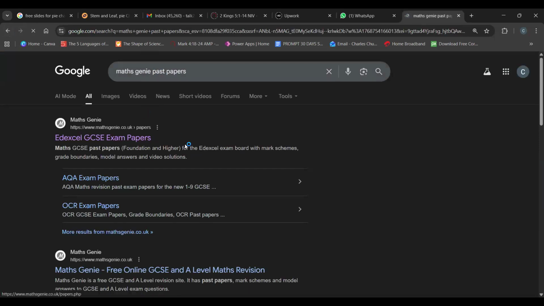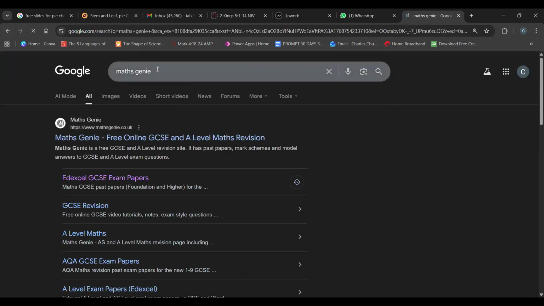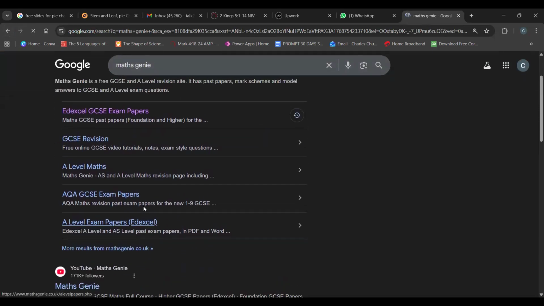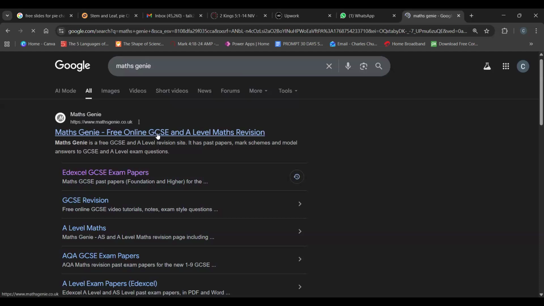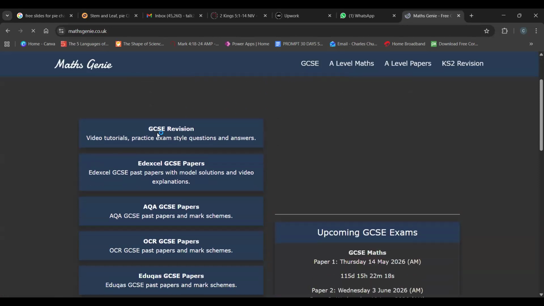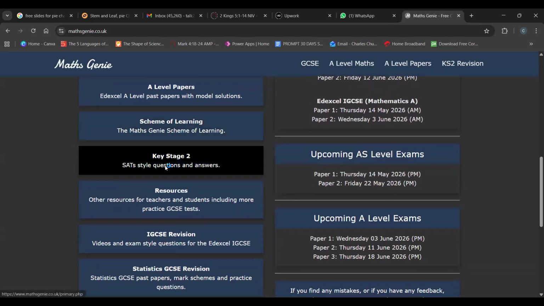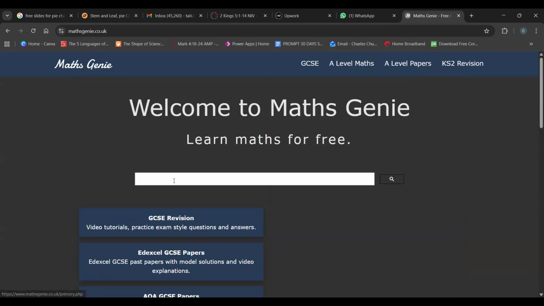Not pass, just put Math Genie. Okay, I should take out the papers, right? Which one was that? The first one. Still this one. And then if you go up, there's a search bar. Okay, this one.